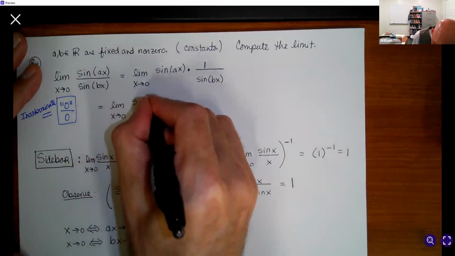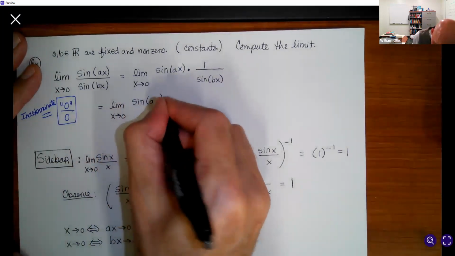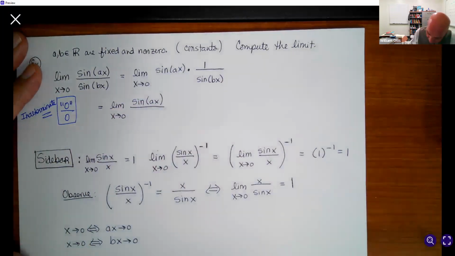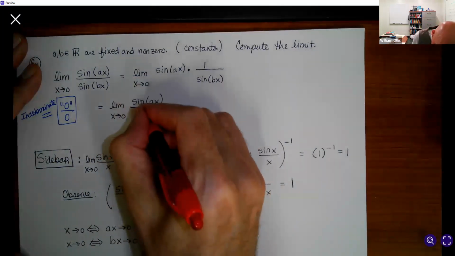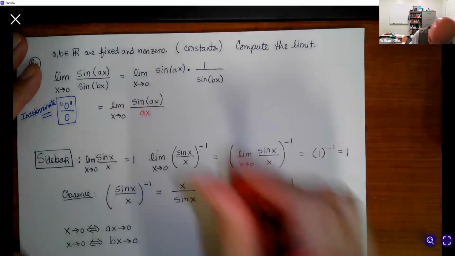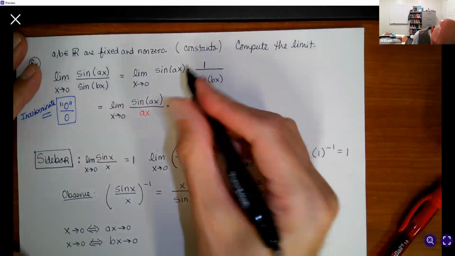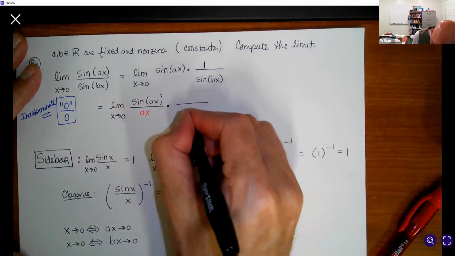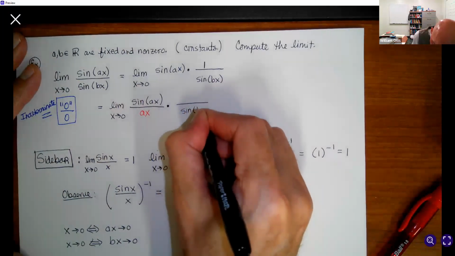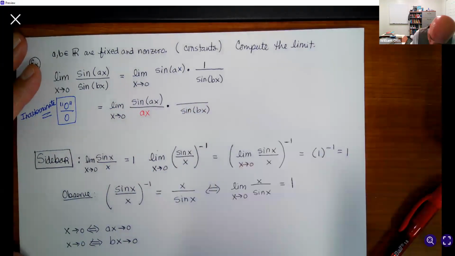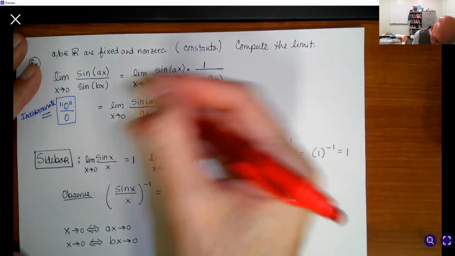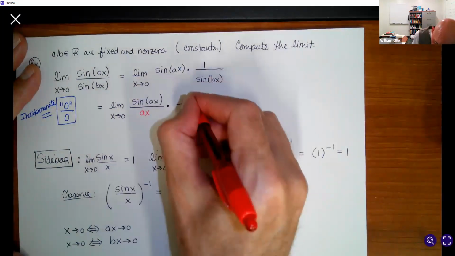So this is the smoke and mirrors that we need. So let's put this AX, and then to fix the other one, we need a BX. We know that the argument of the sine must be replicated in the denominator here and the numerator here.